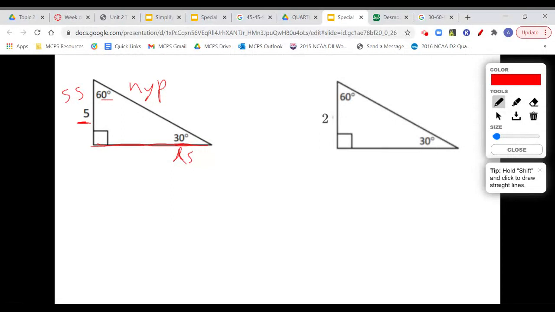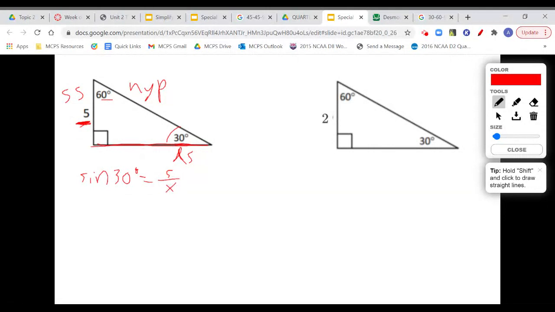So in order to find the hypotenuse, if I'm given, let's say the opposite, I'm going to say 30 is my reference angle just because I feel like it. With 30 as my reference angle, I have my opposite. I'm looking for my hypotenuse. So I'm going to use sine. And the sine of 30 degrees will be equal to the opposite over the hypotenuse. We'll call it x.